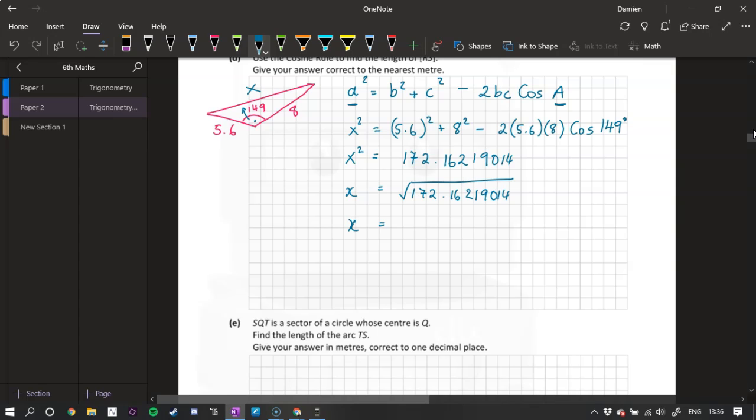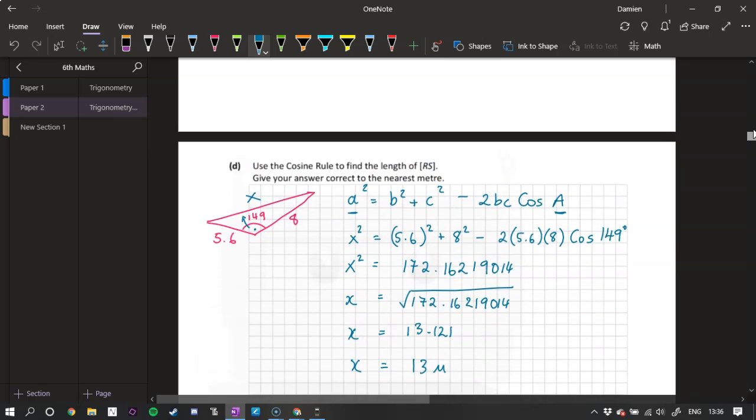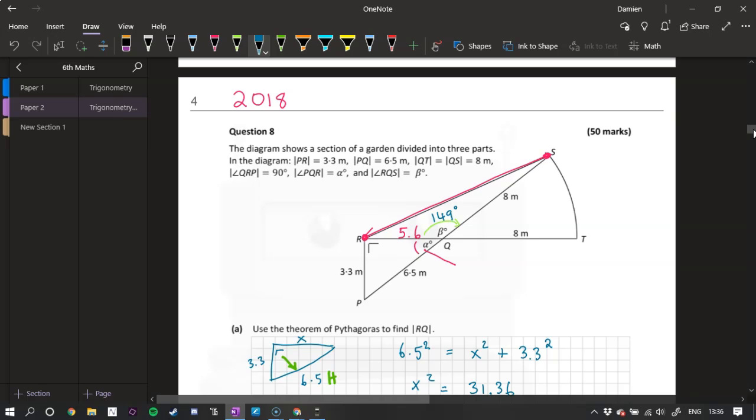So x at the end is going to give you 13.121. To the nearest meter, that's going to be 13 meters. So x is 13 meters, or that long side is 13 meters. So up along here, we can write that in as 13 meters. So we've answered pretty much most of the parts already.